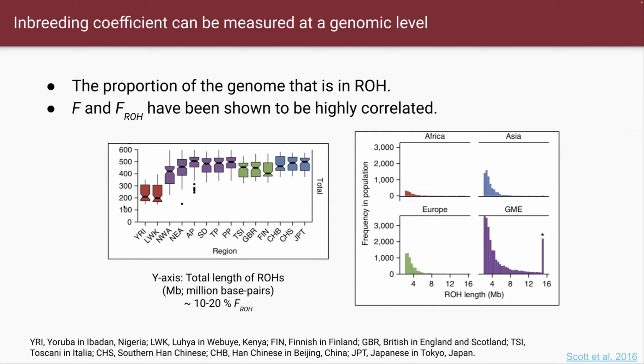So this is the sum of homozygosity, from 100 to 600 megabase pairs, right? Given 3 billion base pairs in our genome, in East Asians we have about 500 million base pairs, which is around 1 in 6, around 15%, right?